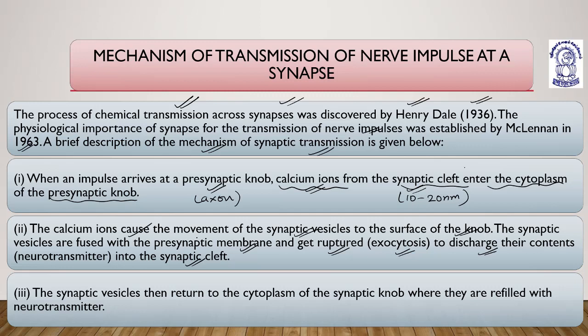The synaptic vesicles then return to the cytoplasm of the synaptic knob, where they are refilled with neurotransmitter. So this is the chemical synapse, which is more advanced and requires neurotransmitters.